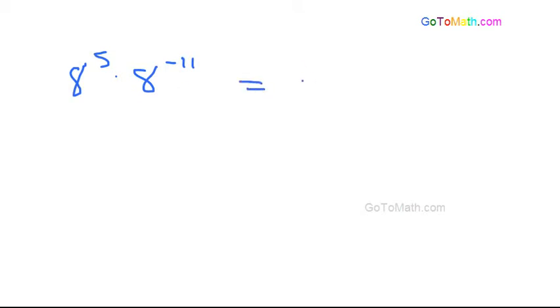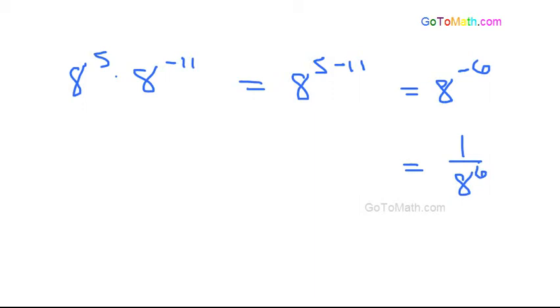So what do we do? We go ahead and add their exponents. And so what are we going to get on this? Negative 6. But we want to write with positive exponents. So this becomes 1 over 8 to the 6th power. See, we just take that down into the denominator.